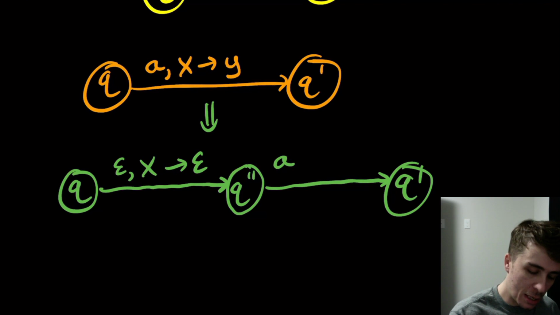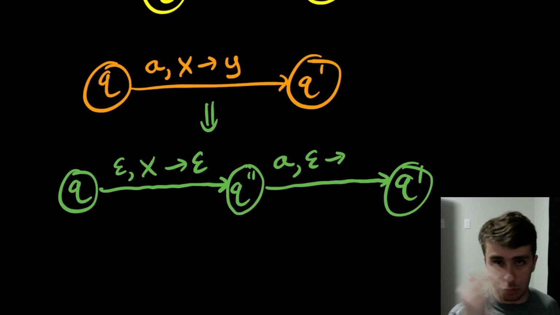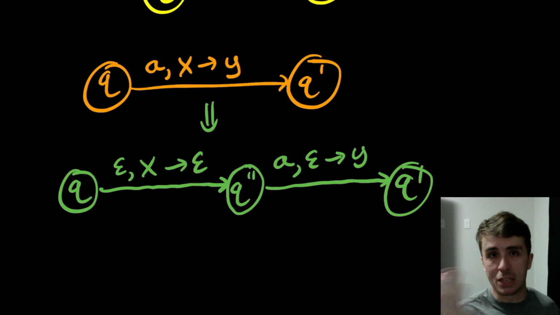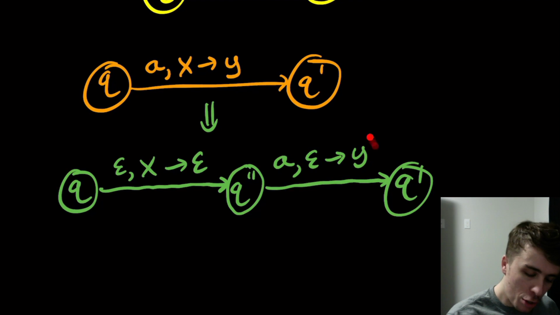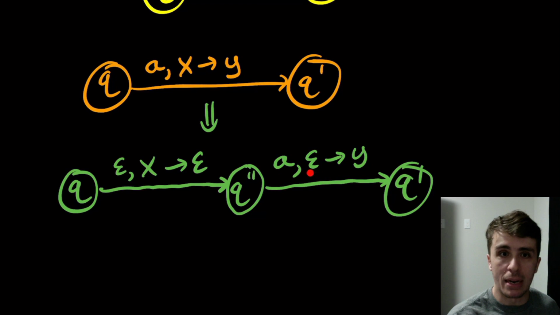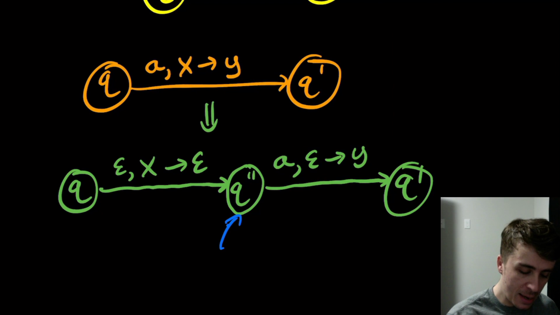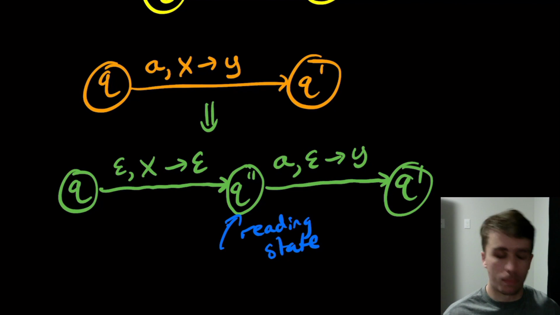So this one's going to read an A, not pop anything because we popped the X, and then push the Y. So note there's no pop from this transition. So then we'll say that Q prime is a reading state because of this transition right here, which is pretty cool.